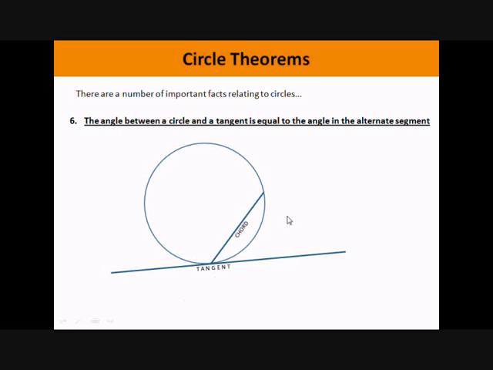From that chord, you draw 2 lines to make an angle up to another point. And that angle is the angle in the alternate segment. The chord divided the circle into 2 segments, and that segment is called the alternate segment.